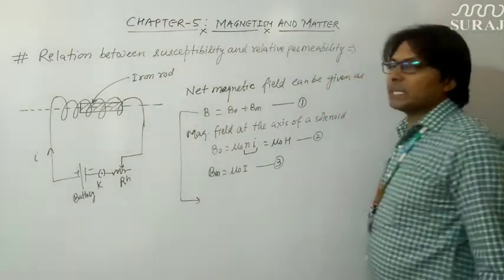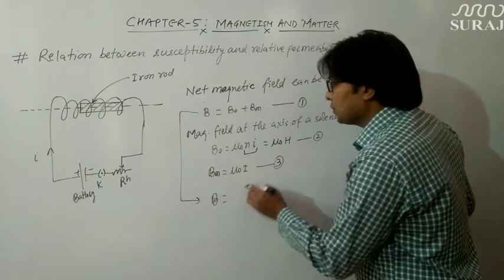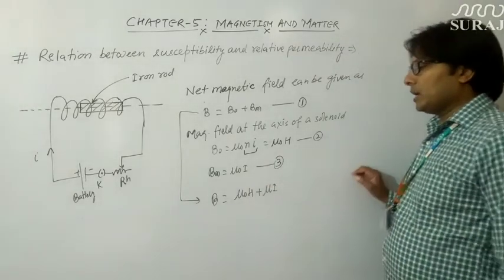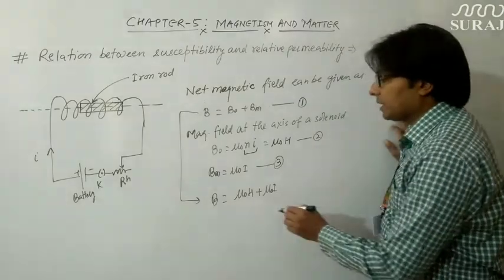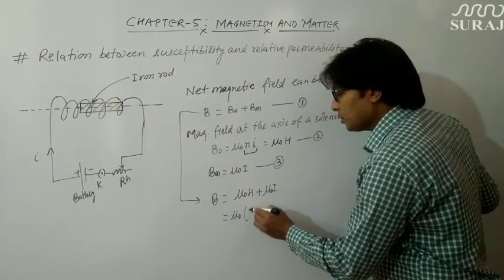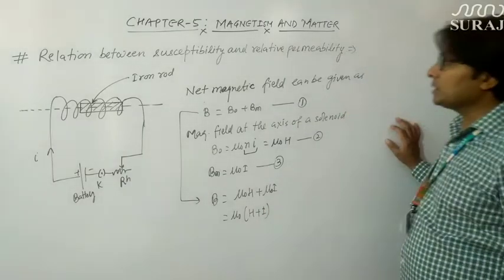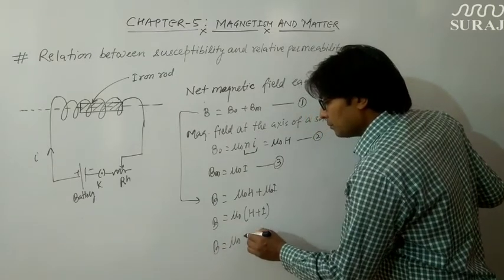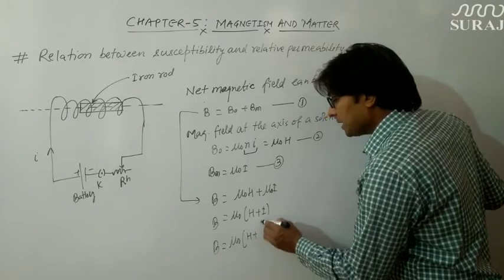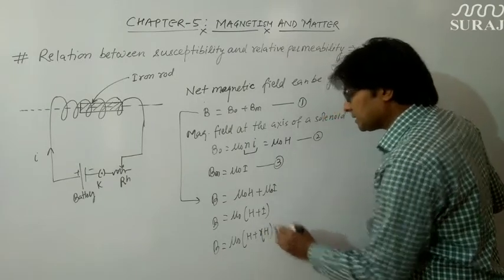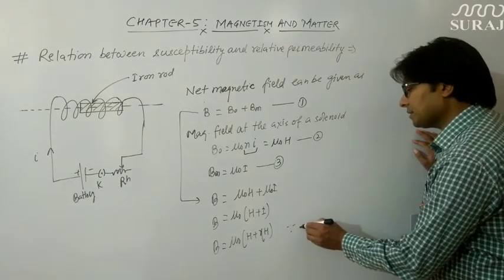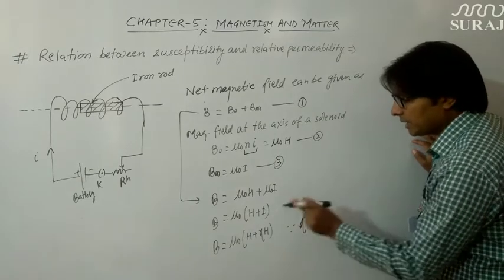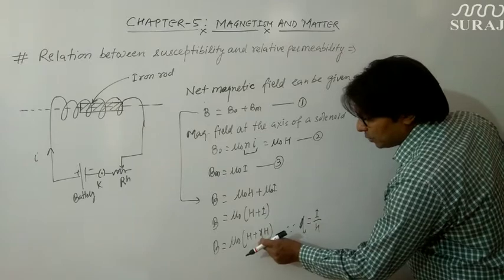So the net magnetic field inside the solenoid would become B is equal to mu 0 H plus mu 0 I. Now this mu 0 can be taken common, so B is equal to mu 0 times H plus I. Now this I can be written as xi into H, because we know that there is a relation that xi is equal to I by H. So I is equal to xi H.